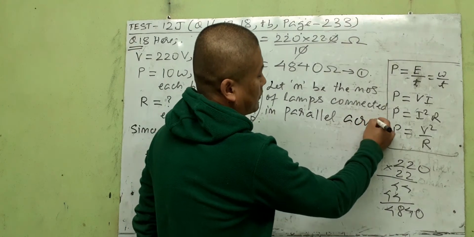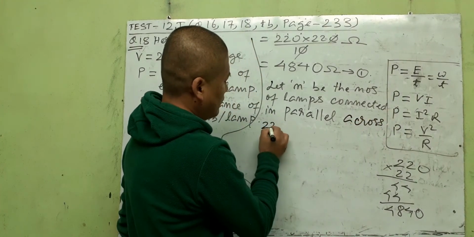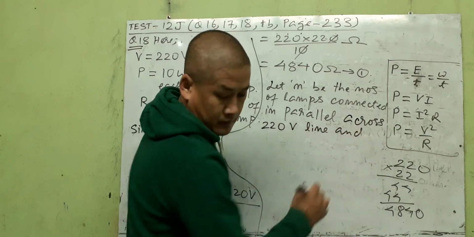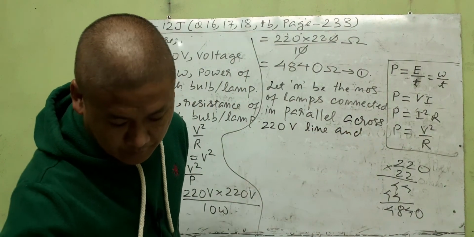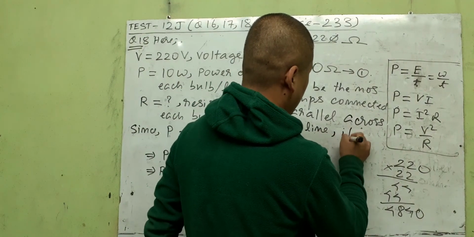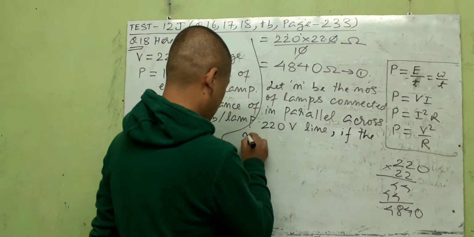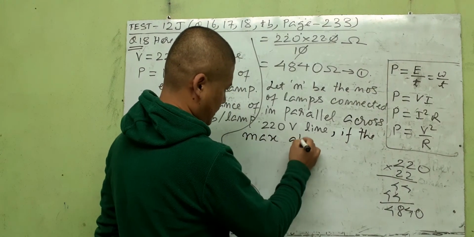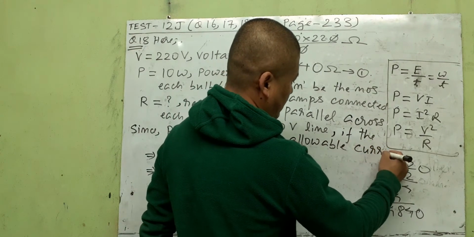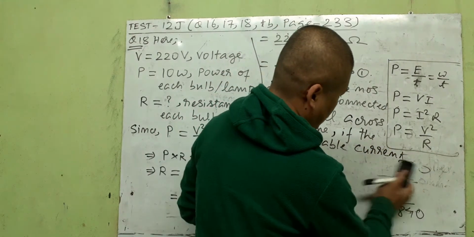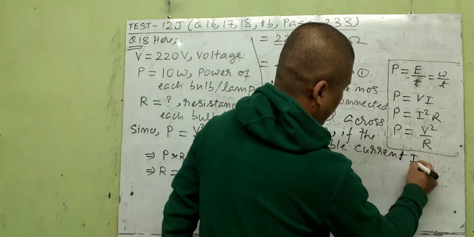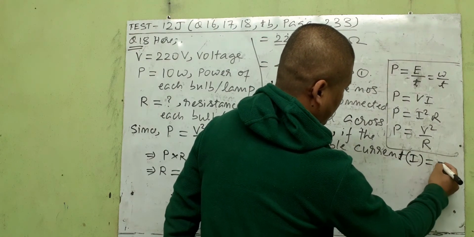I'm writing in short, across, according to question, 220 volt line, if the maximum allowable current, okay, maximum allowable current, let us say I is equal to 5 ampere.